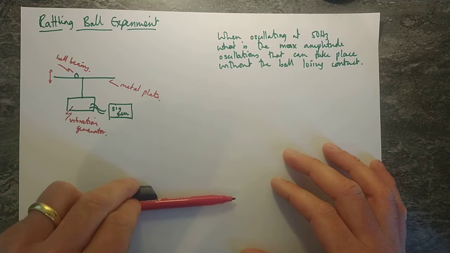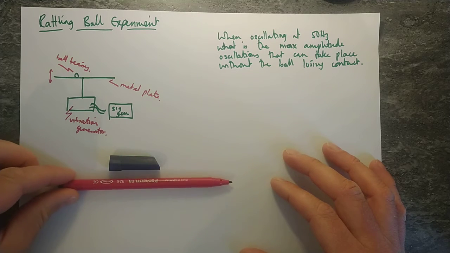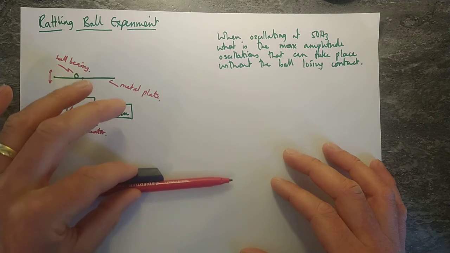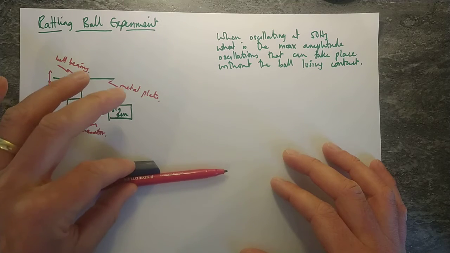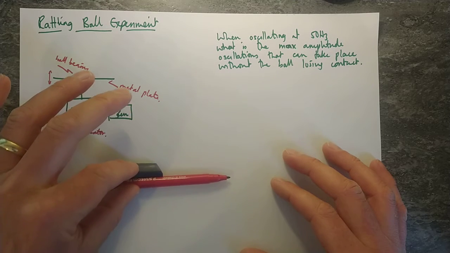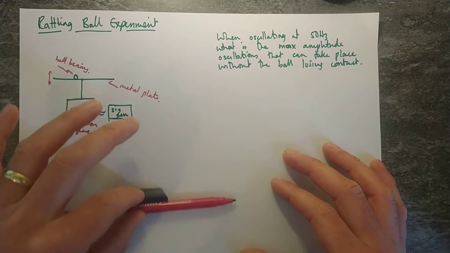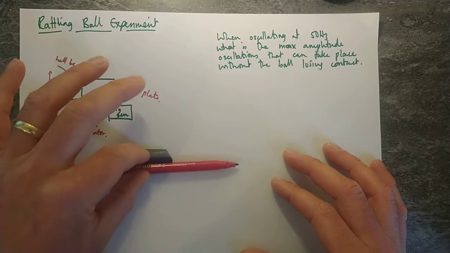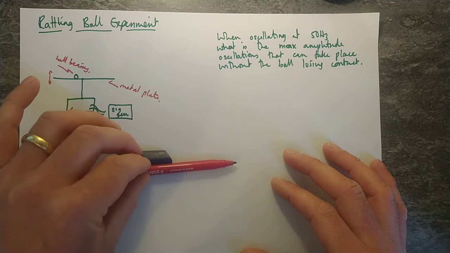When it moves a very, very small amplitude, if we pretend this pen lid is the ball and the pen is the plate, it moves up and down because the acceleration is low when it's moving a small distance in that amount of time. If we increase the amplitude, the acceleration of the plate has got to increase because it's got to travel a greater distance in the same amount of time.